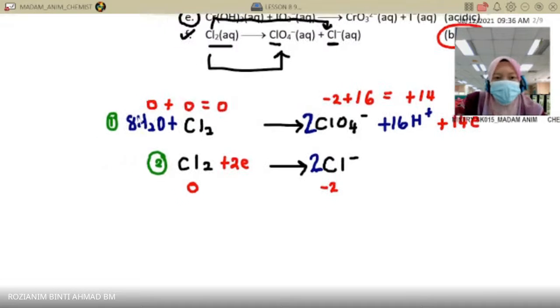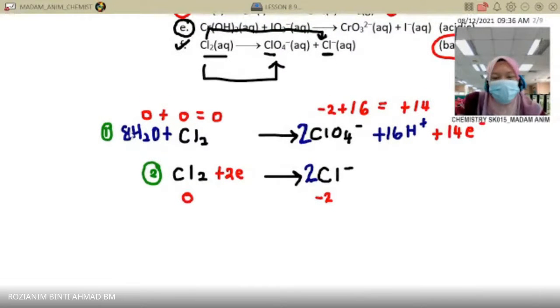Number 1, madam. Yes, good. So, itu je. Senang je konsep dia. Okay, so lepas you dah letak elektron, automatically you tengok je kedudukan elektron. So, elektron equation pertama after arrow. So, mean this clarify as an oxidation equation. Okay, done. And then for the second, this is reduction.